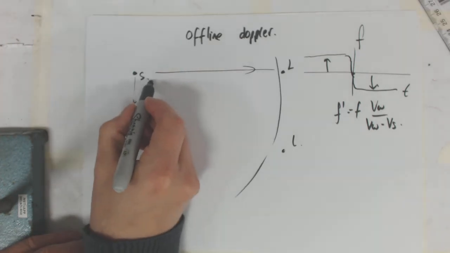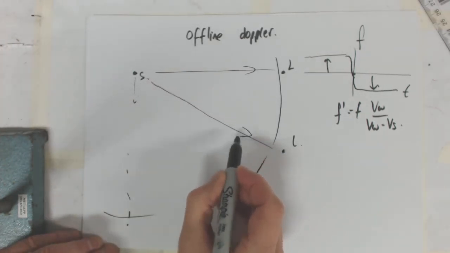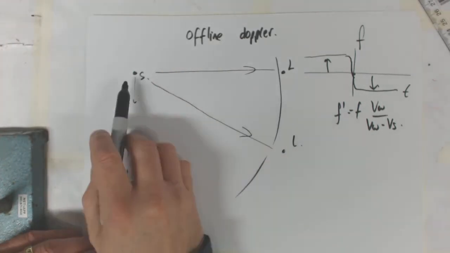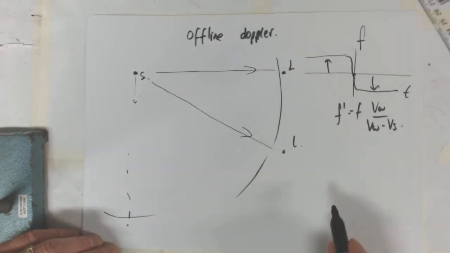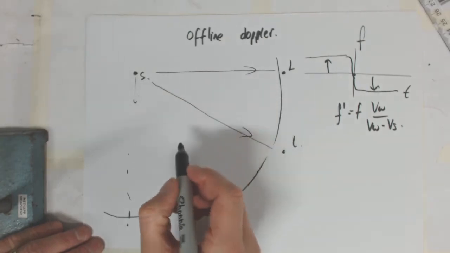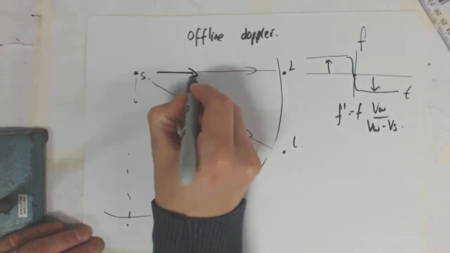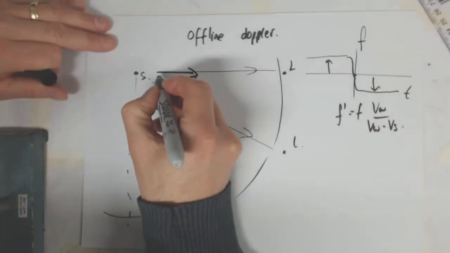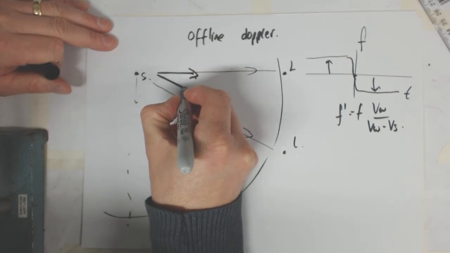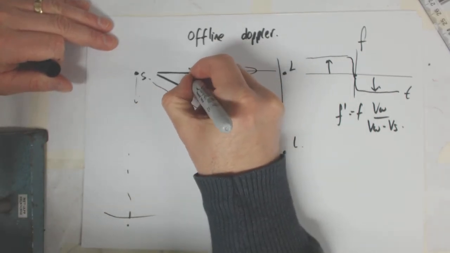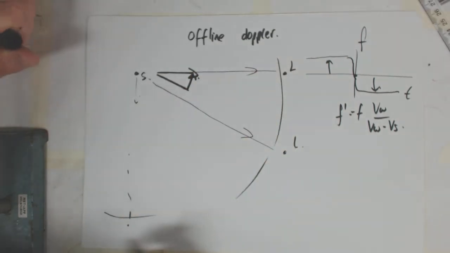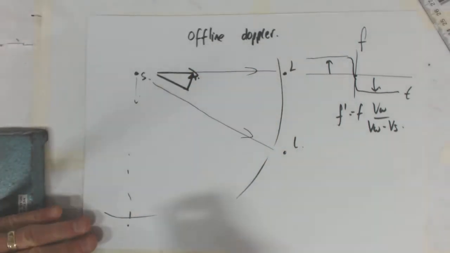That means in this direction it's only the component of the velocity moving in this direction that is going to affect it. And since the velocity is this way, there is a component in this direction, and it's the old right angle trick, and a component that is totally at 90 degrees to that direction.